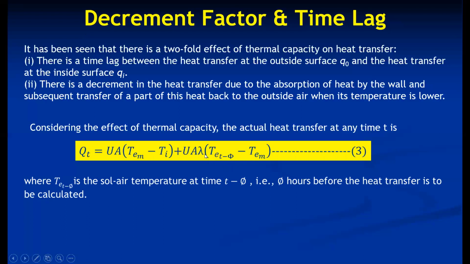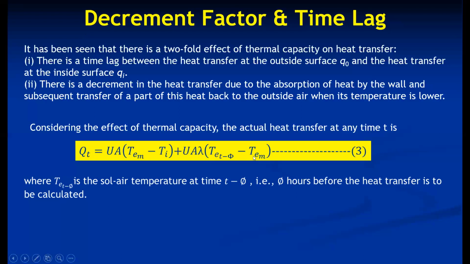Then while calculating the rate of heat transfer, this temperature T minus 5, that is the solar temperature, is considered at 12 noon. So we consider the 12 noon temperature for the calculation of heat transfer at 4 p.m., because there is a time lag of 4 hours.